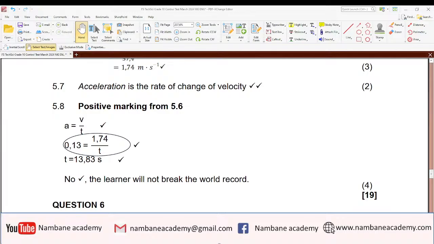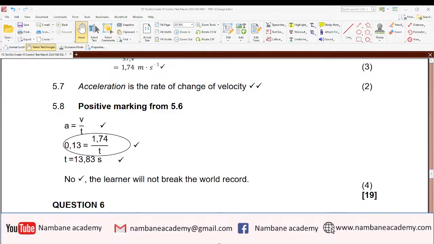Now, ladies and gentlemen, what happens in such a situation that the learner uses an incorrect answer from 5.6 and finds that now the time is below the one of Usain Bolt? And the answer of the learner is yes.